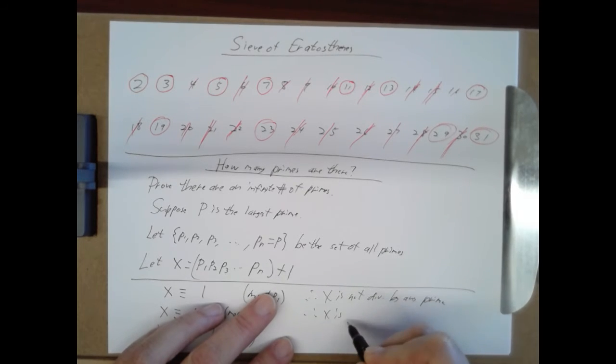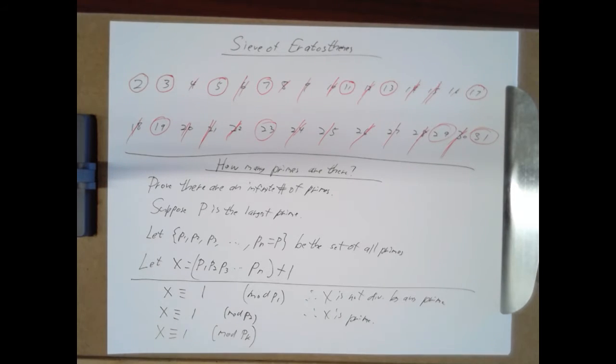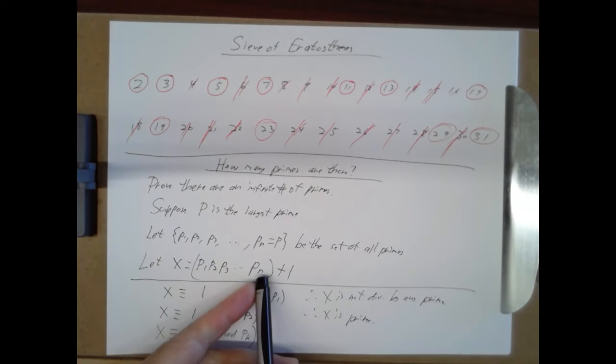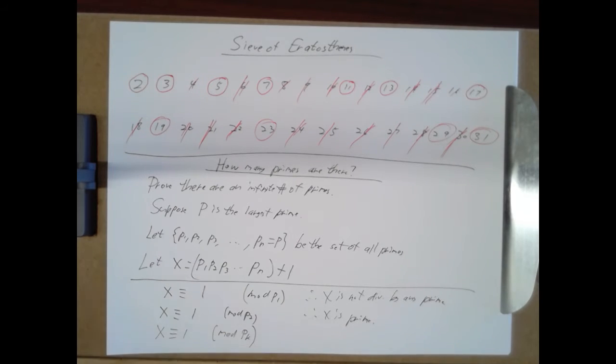Therefore, X is prime. But X is bigger than the largest prime, which was Pn, because it's Pn multiplied by a bunch of other stuff plus 1 more. So there's a contradiction. And therefore, there is no such P which is the largest prime. So it must be that there's an infinite number of primes.